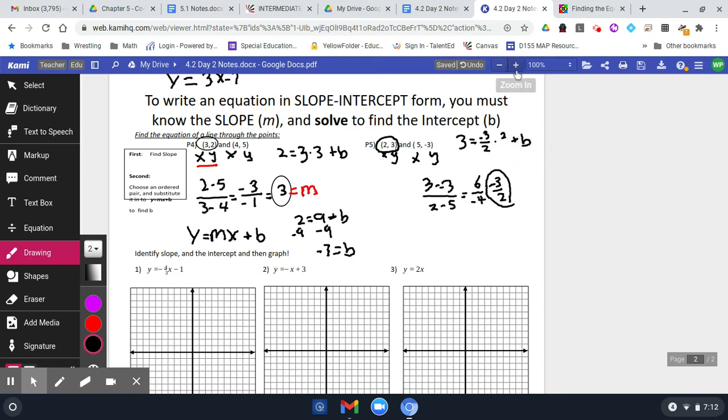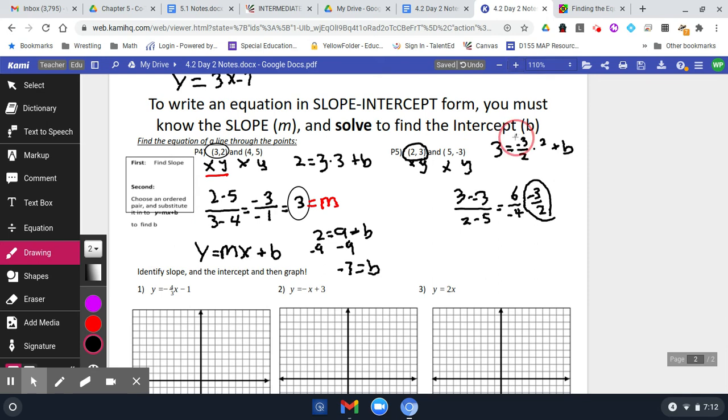So this is probably something you guys want to put in your calculator. All right, negative 3 times 2 is negative 6. Negative 6 divided by 2 is negative 3. So this is going to come out to negative 3. So we'll have 3 equals negative 3 plus b.